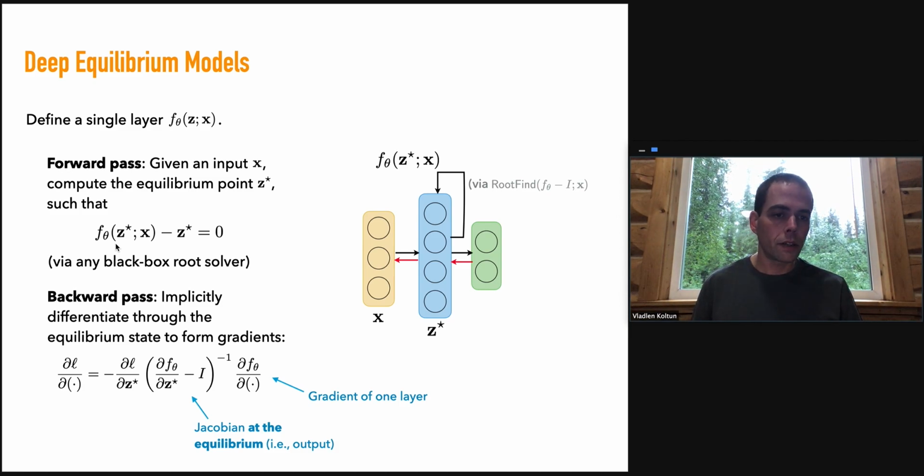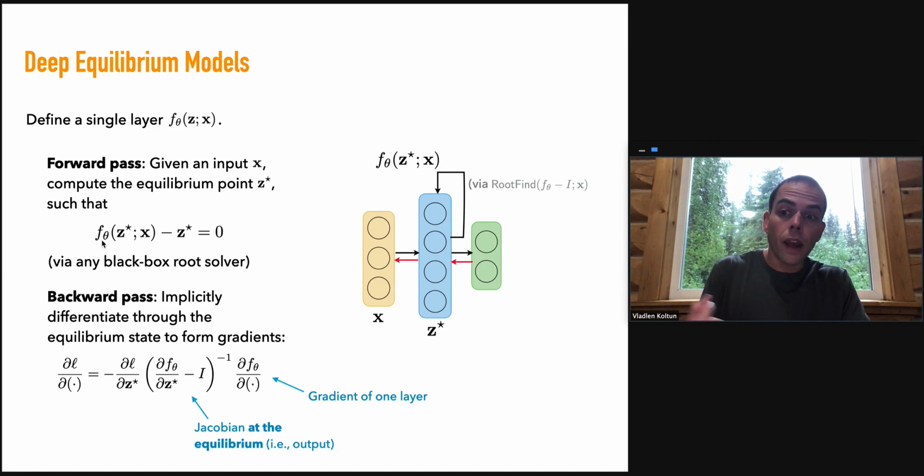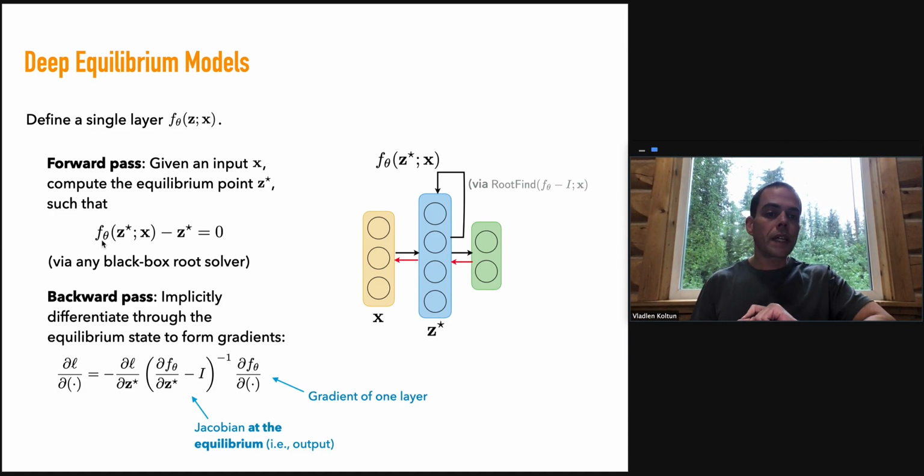First of all, this can be done without actually applying the layers, without unrolling the layers. We can solve for the equilibrium point analytically. We can look at the equation f(z) - z = 0 and apply root finding solvers such as quasi-Newton methods to solve for the feature vector for which this equilibrium condition holds.